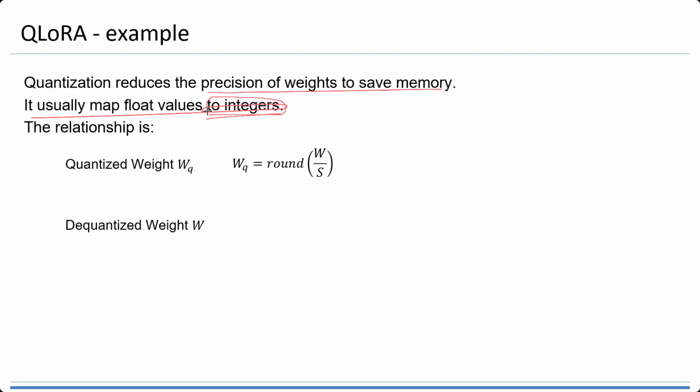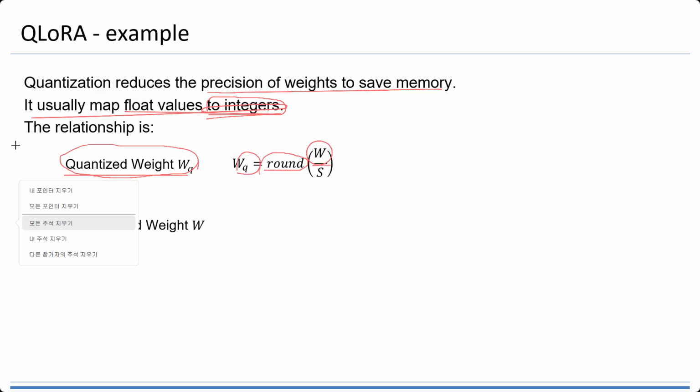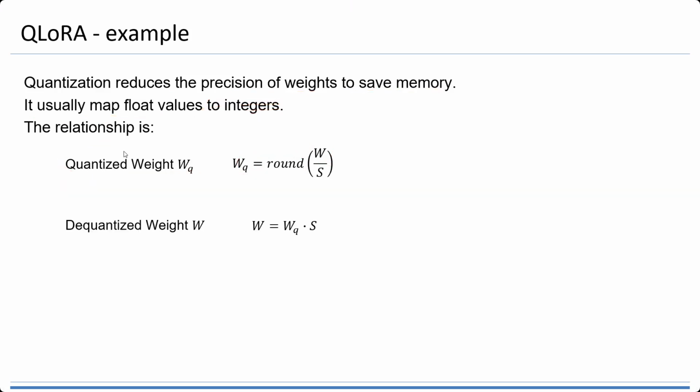So one of the techniques is to map the float values to integer. So let's suppose we have the weight WQ. This is the quantized weight. The WQ is the round of the weight divided by S. S is any kind of value for the quantization.